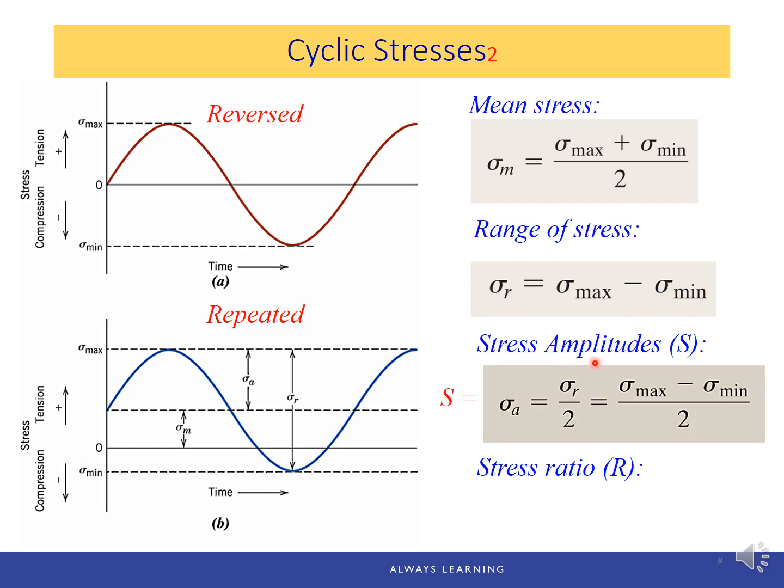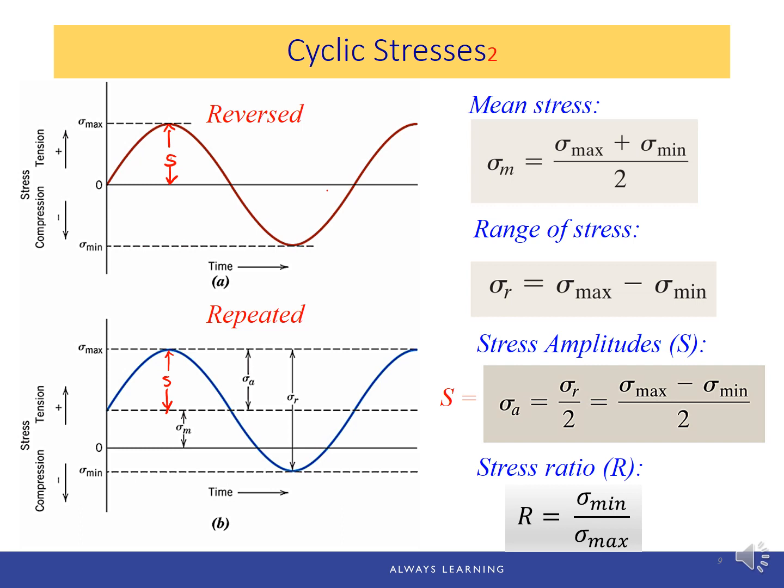The stress amplitude is sigma r divided by 2. So this is the stress amplitude for the reversed stress cycle and the stress amplitude for the repeated stress cycle. And next is the stress ratio, which is the ratio between the minimum stress and the maximum stress.